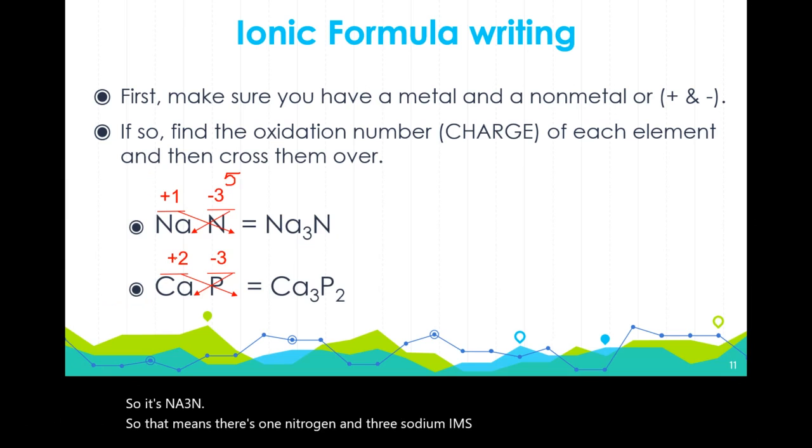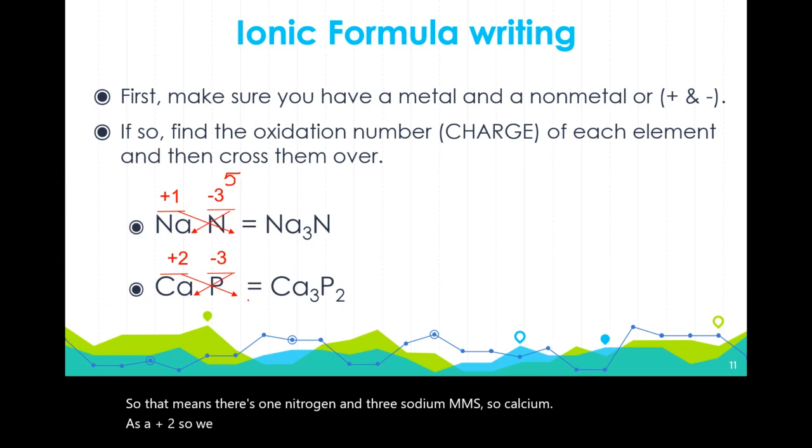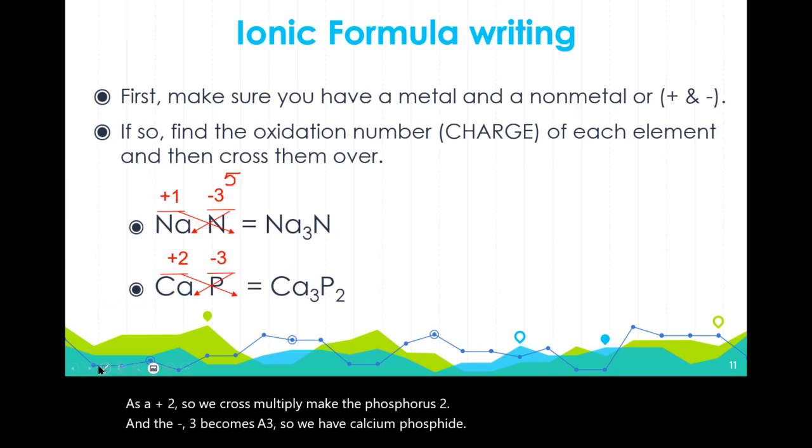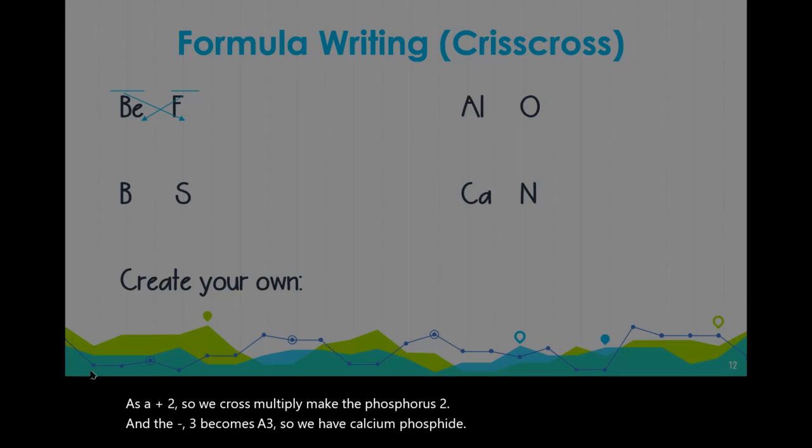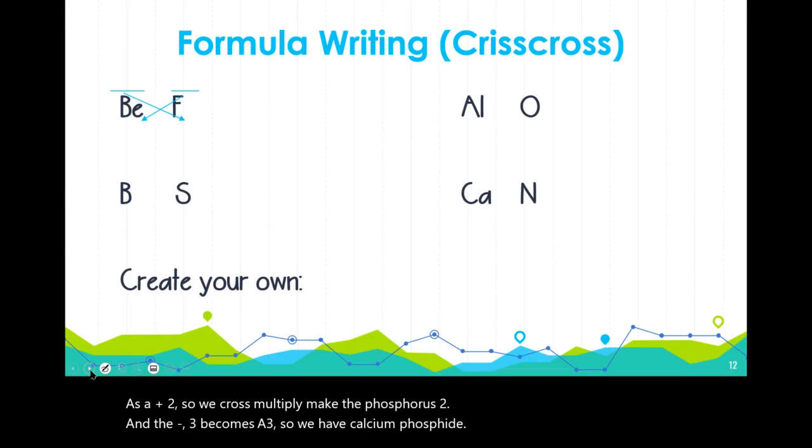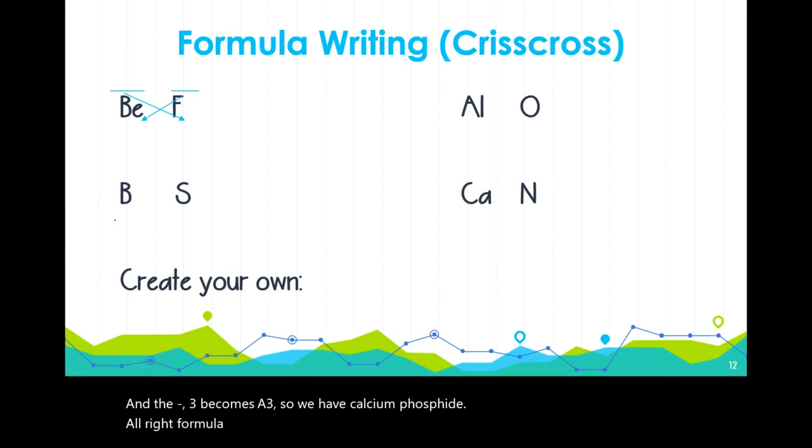Calcium has a +2, so we crisscross, make the phosphorus 2, and the -3 becomes a 3, so we have calcium phosphide. All right, the formula writing, the crisscross method.